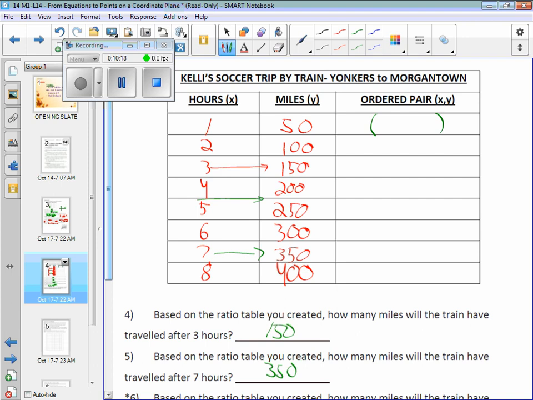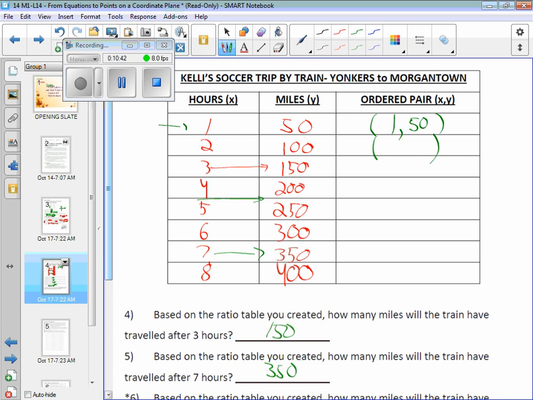According to our ratio table and our first given ratio, what is the x-axis coordinate? Bridget. What's our y? 50. Our first ordered pair for that ratio is (1, 50).